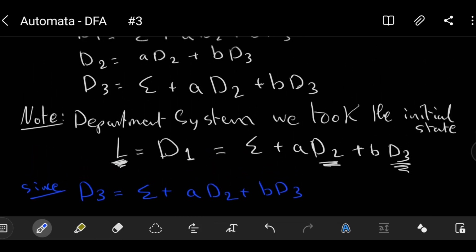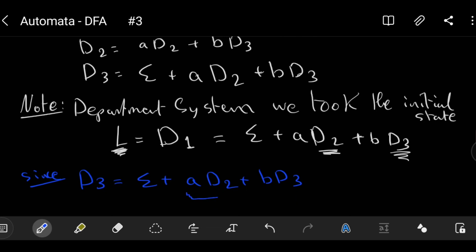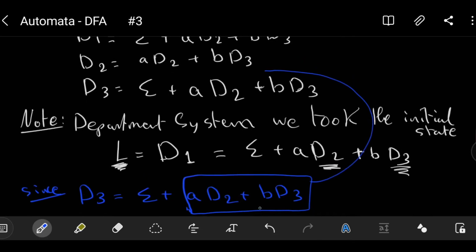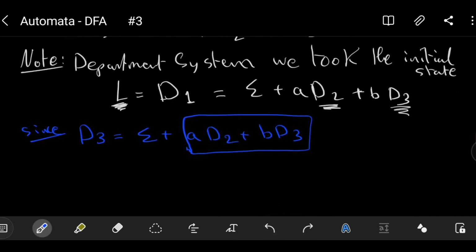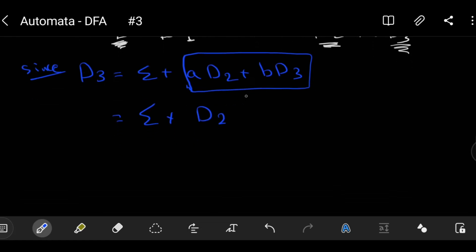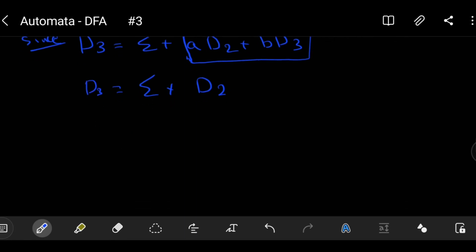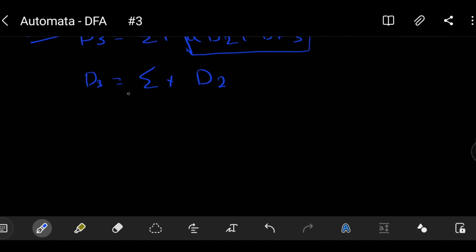If we look at this, it is equal to D2. So we can substitute this by D2. So epsilon plus D2. We get rid of A D2 plus B D3, which is equal to D2. So D3 equals this. Now we want to get rid of D2 also.